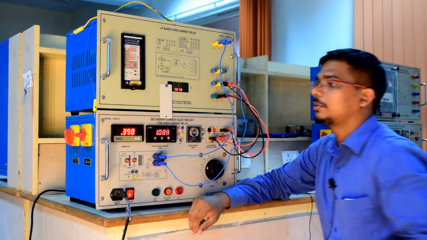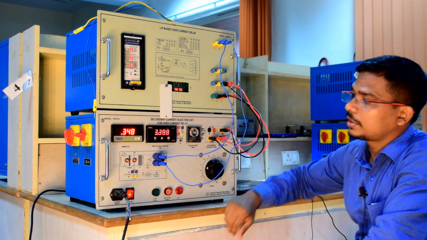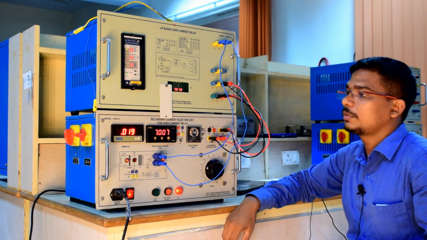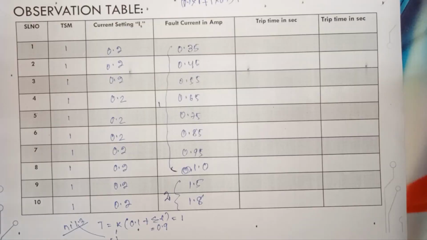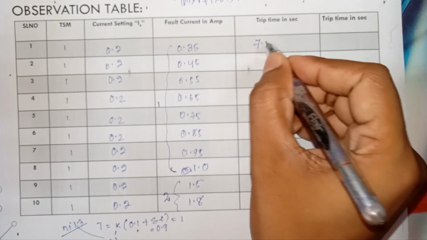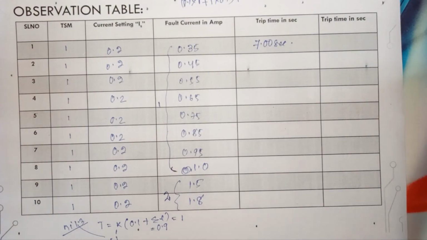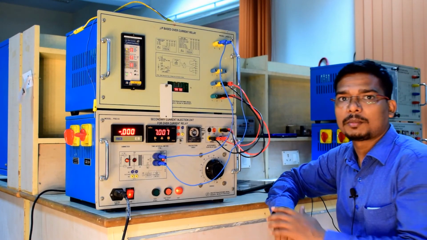But you have to do like this, and set the rotary switch position to 2. Here you can see this indication is going, which means the relay is going to trip. We have seen that this relay gave 7.00 seconds as the trip time for this amount of current.